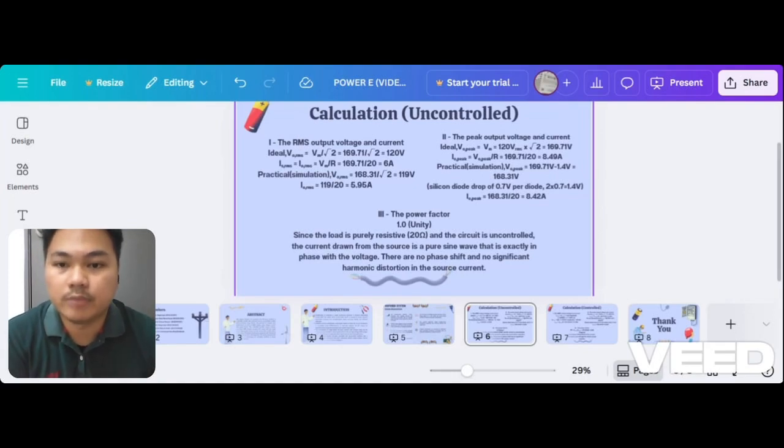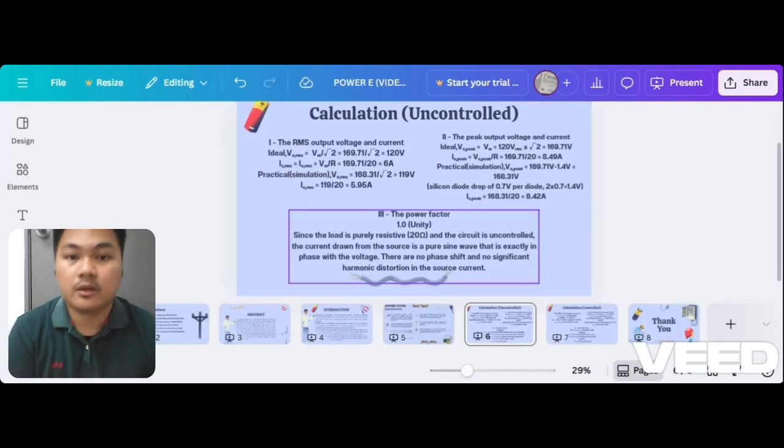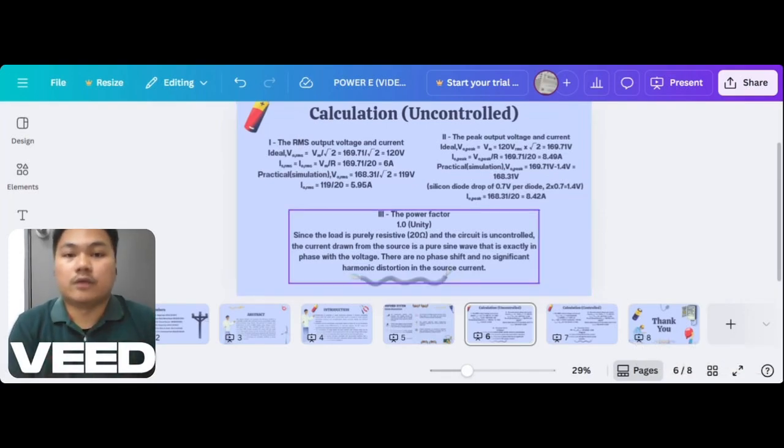For the practical, which is the simulation value, V_o RMS equals 168.31 over square root 2, equals 119 volt, while I_o RMS equals 119 volt over 20 ohm, equals 5.95 ampere.